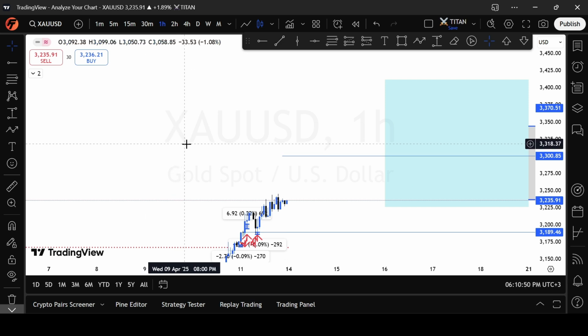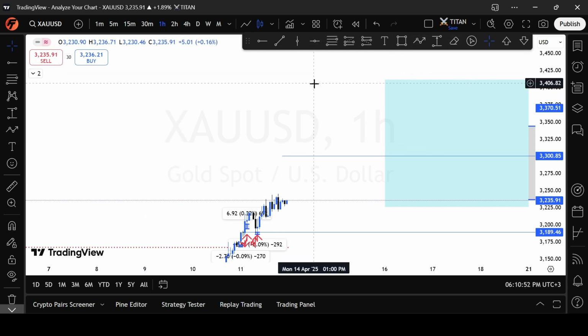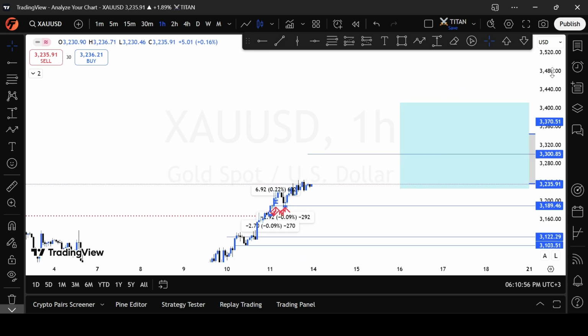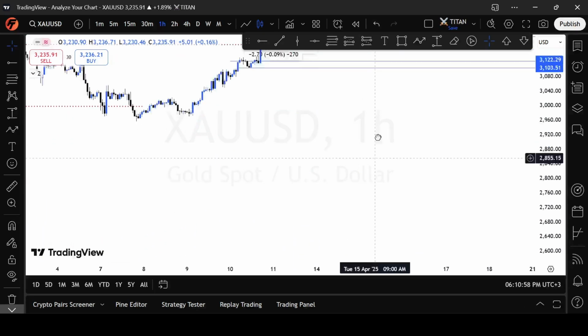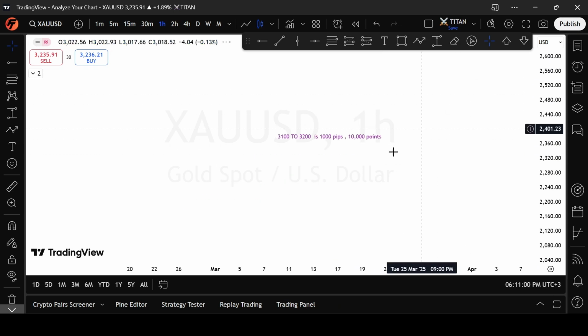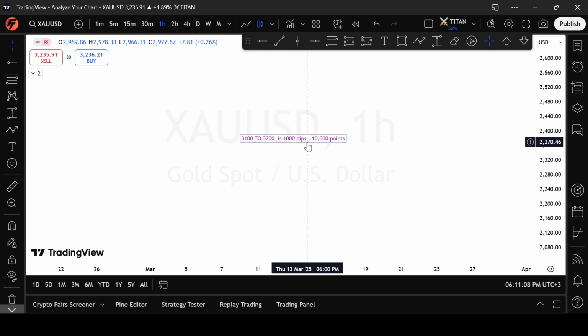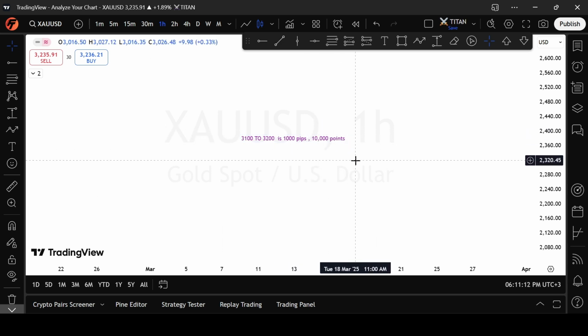Oh, and there's something I realized: 3,100 to 3,200 is 1,000 pips on gold, or 10,000 points, right?